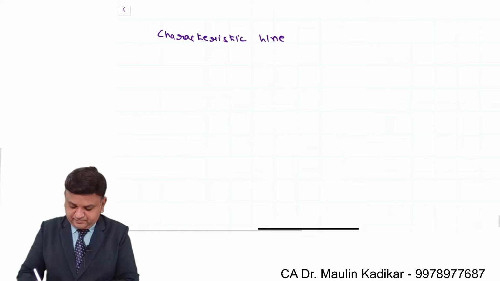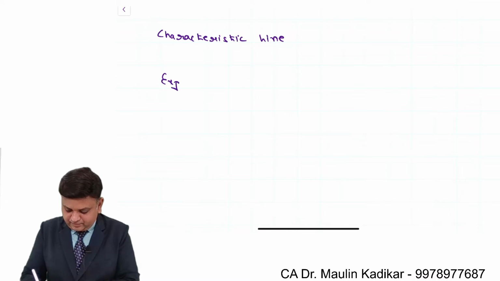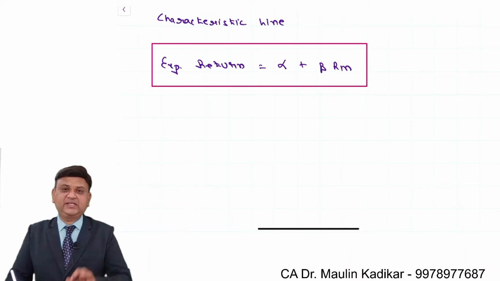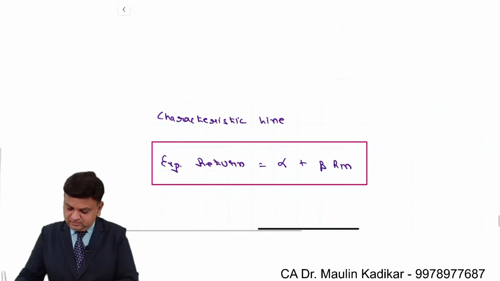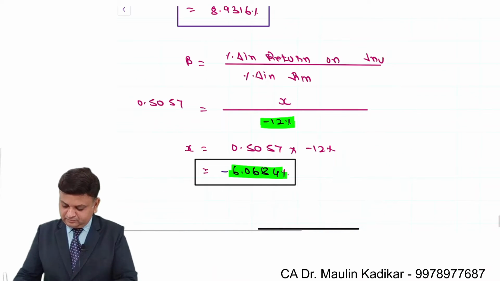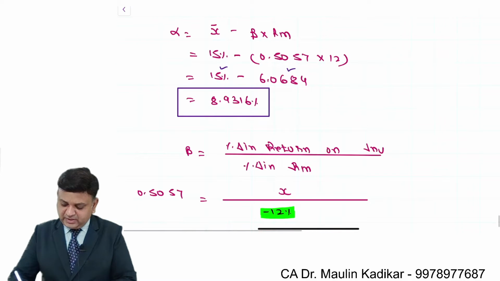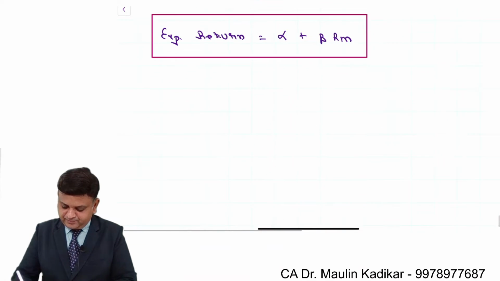In that, expected return is equal to alpha plus beta. This is what we understand as the characteristic line. What is alpha? Alpha is 8.9316.